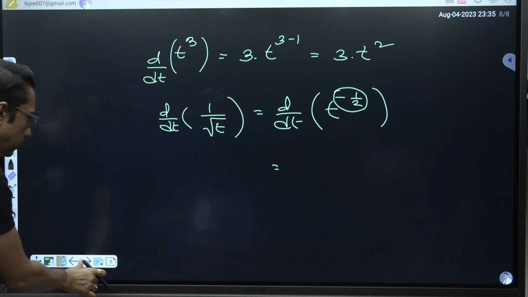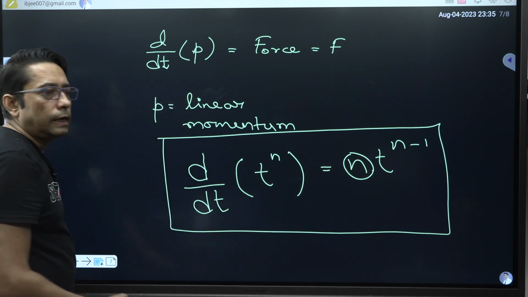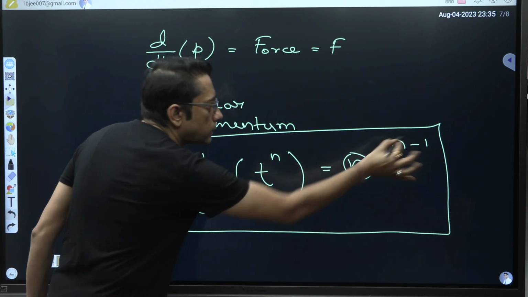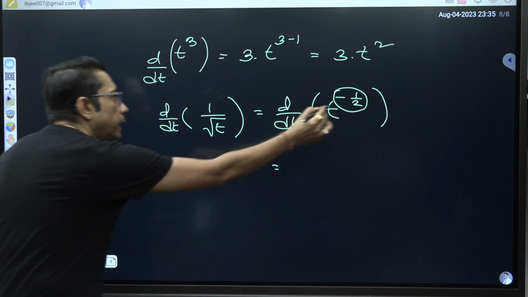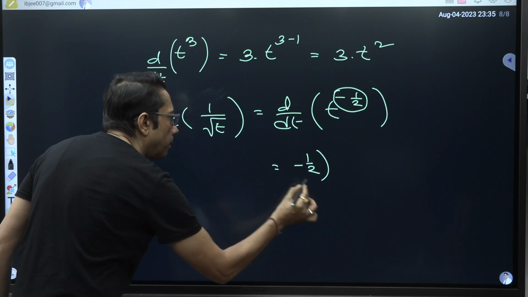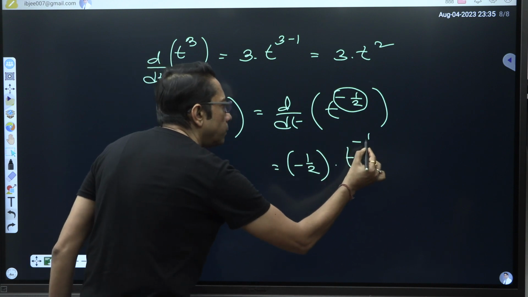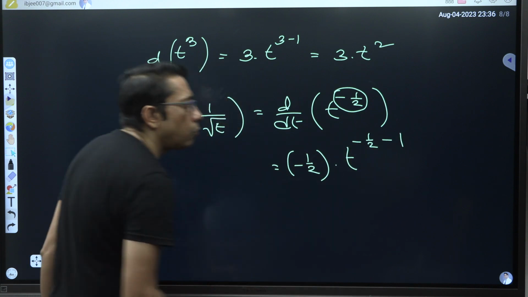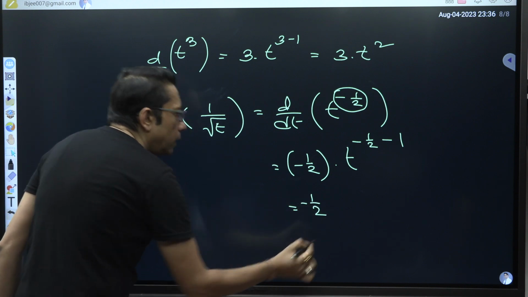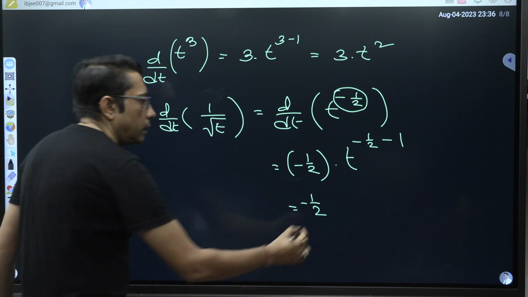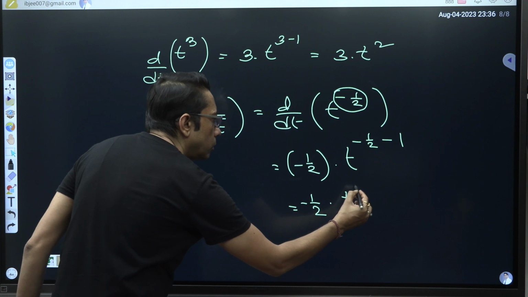So what was the idea? Bring that something in front, then t to the power that something decreases by 1. So let us bring this minus half first with a bracket, and then write t to the power minus half decreased by 1, that is further minus 1. Now tell me how much it becomes. It becomes minus half, and then t to the power minus half minus 1, that is minus 3 by 2.